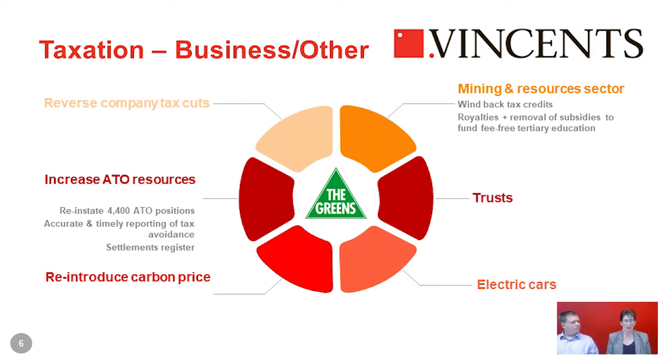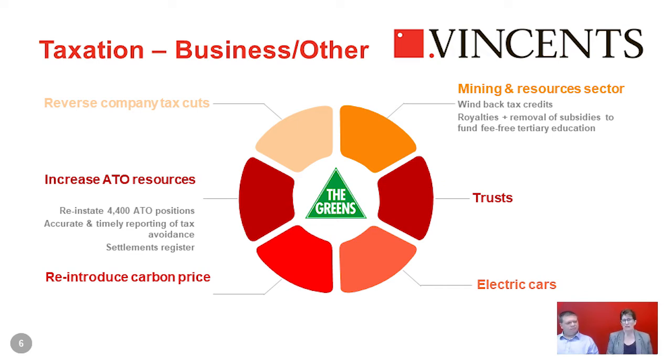So that's something that's on their agenda. Didn't really get a lot of positive feedback when it was previously tried after the Henry Review, so I'm not quite sure how successful they'll be here. And the mining sector has gone through its ups and downs since that time, so it's a different landscape that we're dealing with as far as that's concerned.